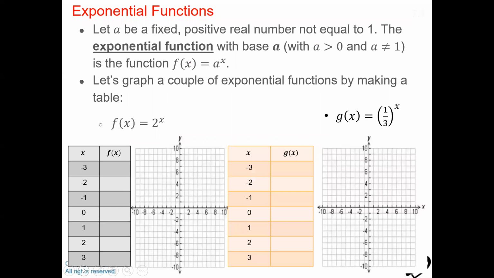Let's look. So probably the easiest thing to do when you're trying to graph these is just create a little t-chart. And on these t-charts, these x's have already been filled out for us. You can always sketch your own t-chart. I would try to use a negative number, 0, and a positive number anytime you're making your own t-chart.